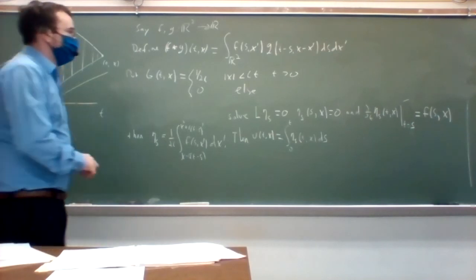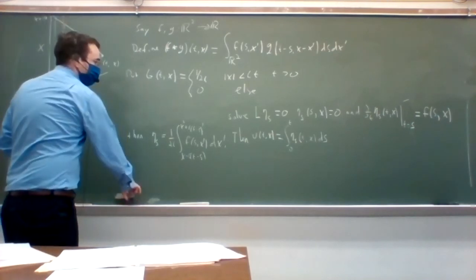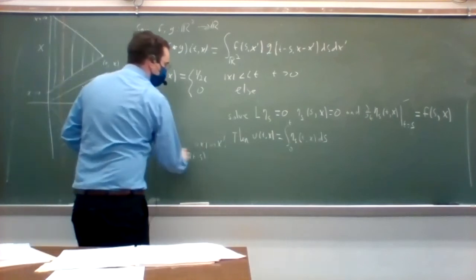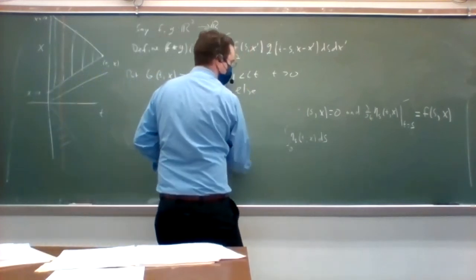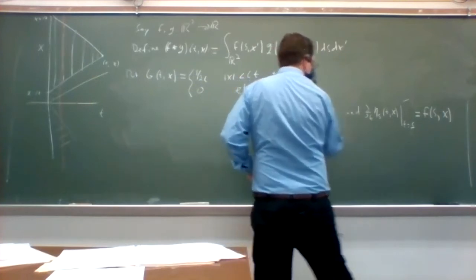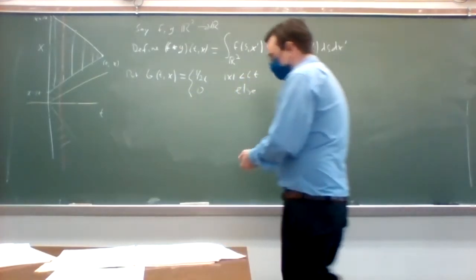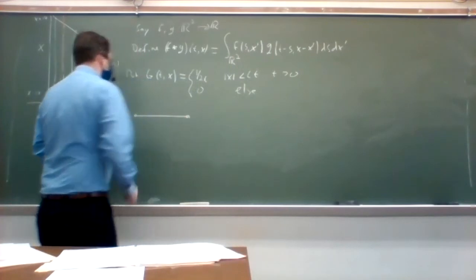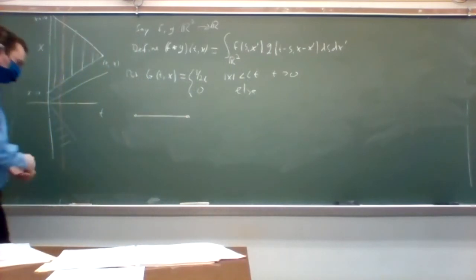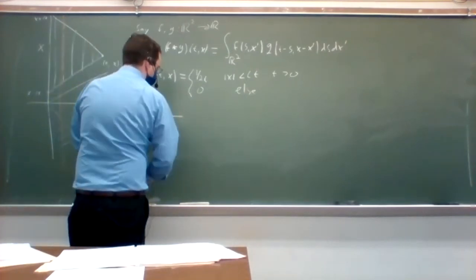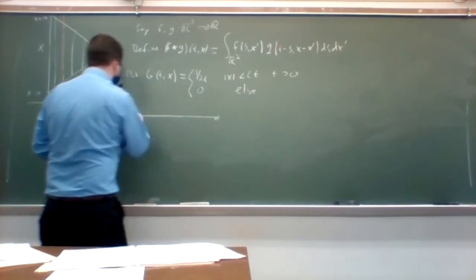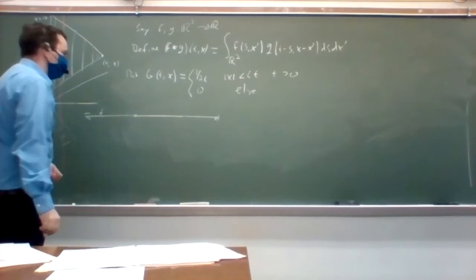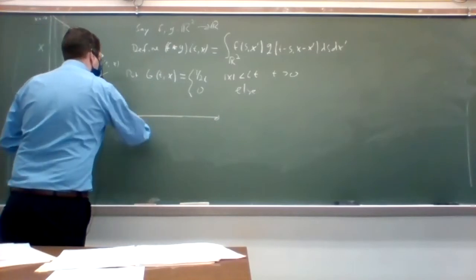So why is this called the fundamental solution to the wave equation? It has to do with what engineers call impulse response. So the idea is, take your string, sorry, we're doing infinite strings. So here's your x-axis, here's x equals 0.